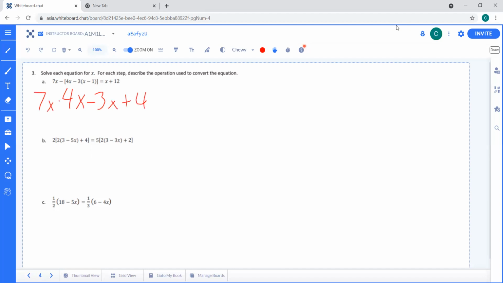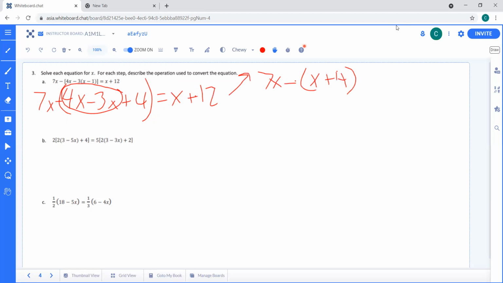That's going to be 7x minus everything inside that, which is going to have to be negated eventually. So we can go ahead and combine these terms. This 4x minus 3x is just going to leave us with x. I'm going to rewrite it over here: 7x minus x plus 4 equals x plus 12.